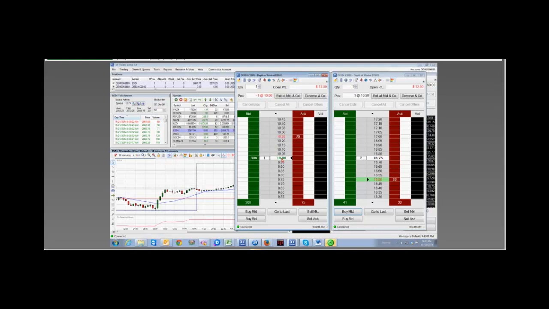So we want this to go higher. Obviously, we want the spread price to go higher, and that happens as the market goes higher. For a credit spread, we want the market to go up, or we want the spread to widen. We want these prices to diverge and not converge.